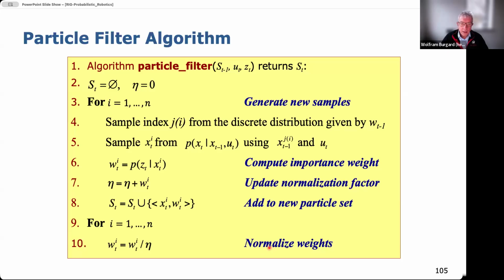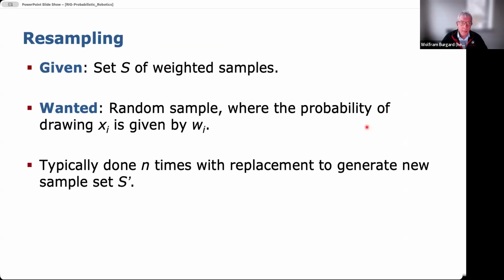Then this here is the resampling operation, where we replicate the particles proportional to their importance weights. That's something we are going to talk about in a second. So what does resampling do? Usually what we have now are weighted particles.